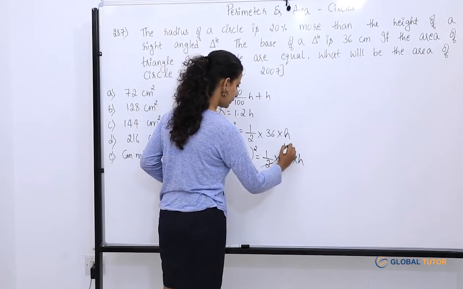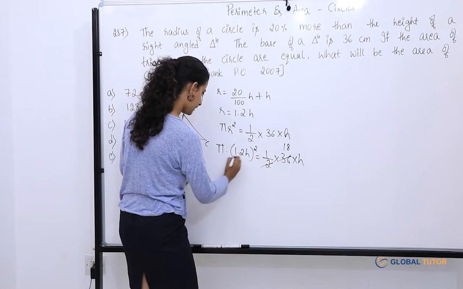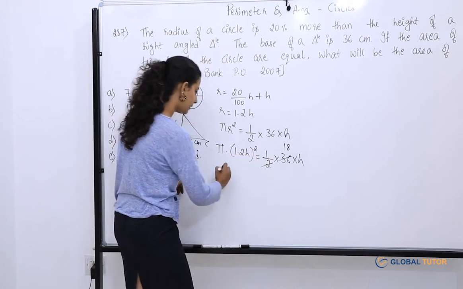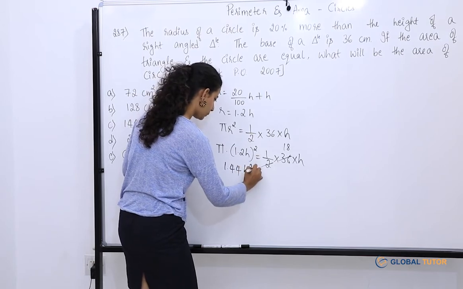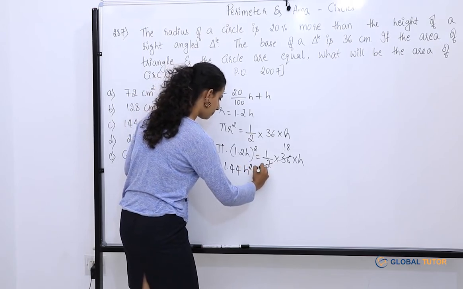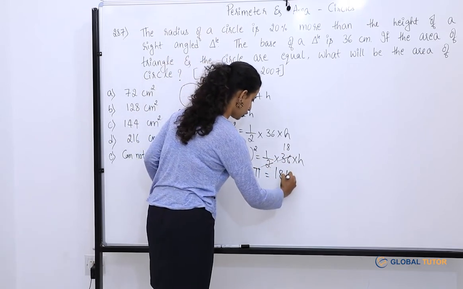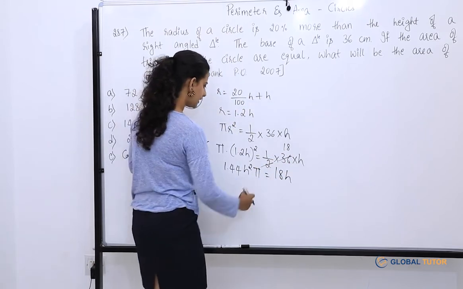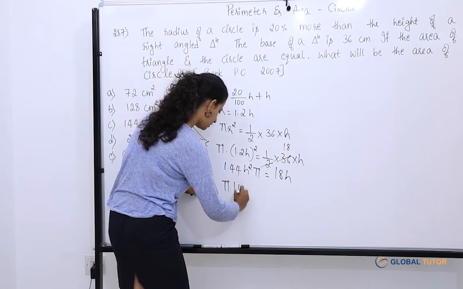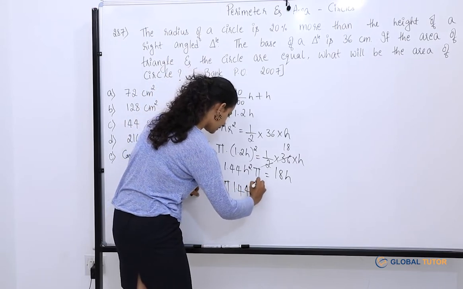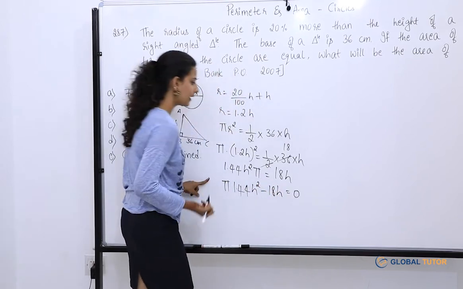Here 2 18s, 36. So this can be written as 1.2 square will be 1.44 h square, and we also have pi here, that is equal to 18h. So let us bring 18h this side. So pi 1.44 h square minus 18h is equal to 0.